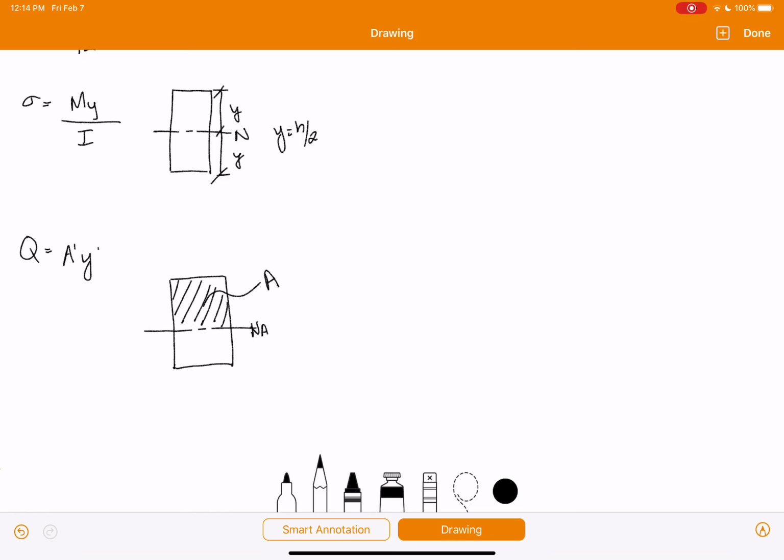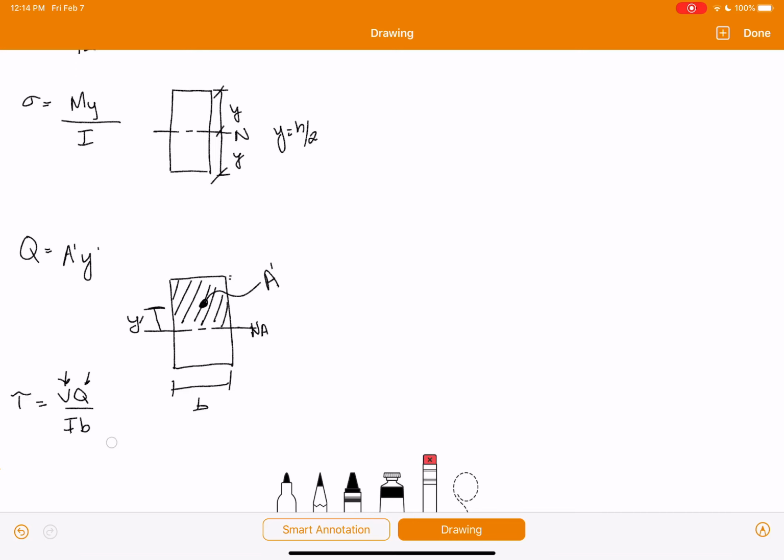So the area from your neutral axis to the outermost fiber. All right, so this area is your A prime. And then your Y prime is going to be that distance between your neutral axis and the centroid of A prime. All right, and then you can find your shear stress, which is VQ over IB. Max shear, Q that we just calculated, moment of inertia, B, which is this dimension here.